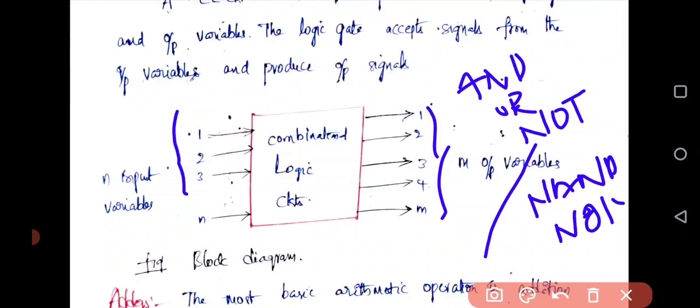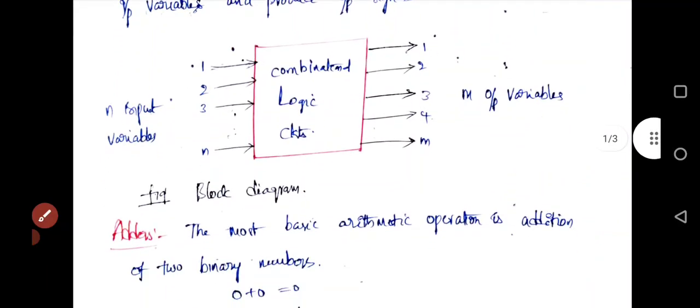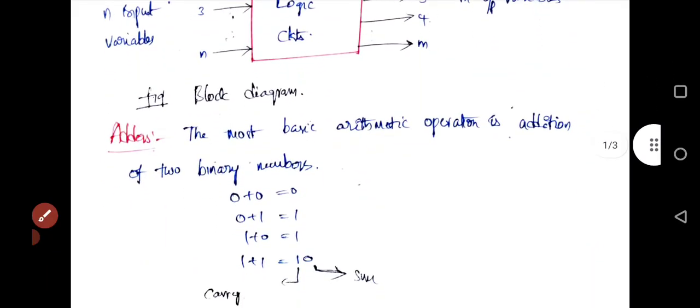By using these gates we can connect the combinational circuit to produce the desired output. As examples of combinational circuits, I will consider two types of circuits: half adder and full adder.